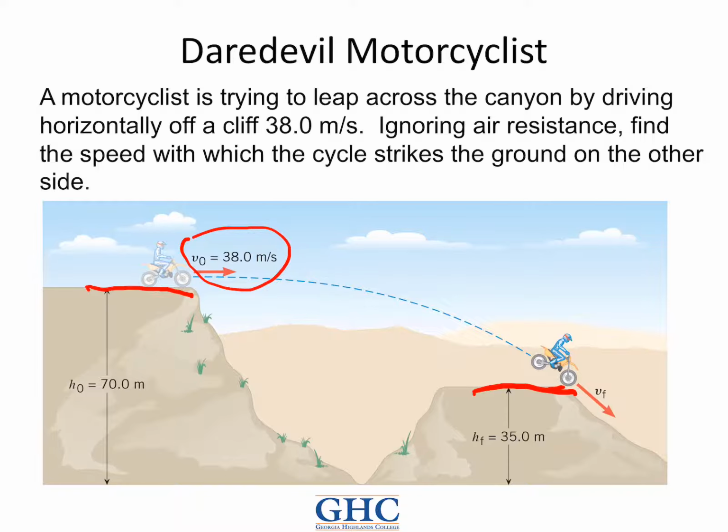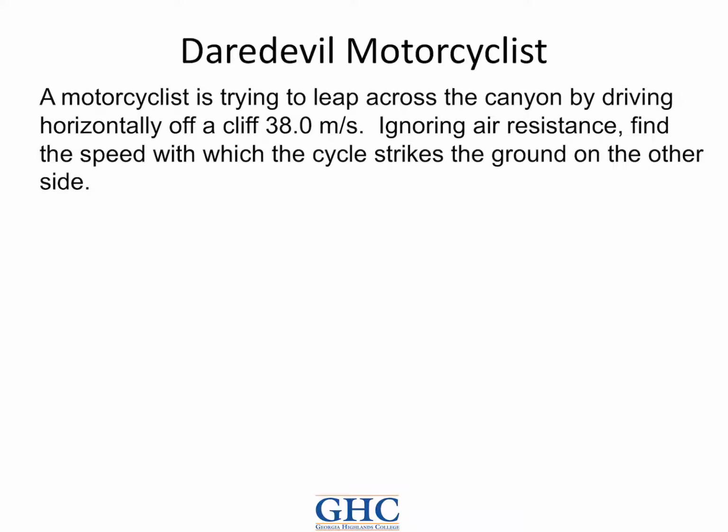Now the motorcycle in the air would be just like a projectile, so only gravity is doing work on it. Mechanical energy is conserved, so we can build an equation.